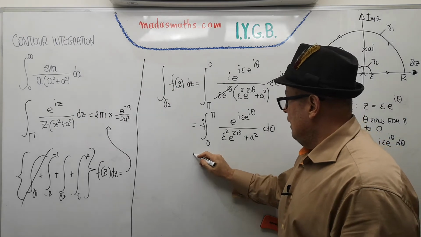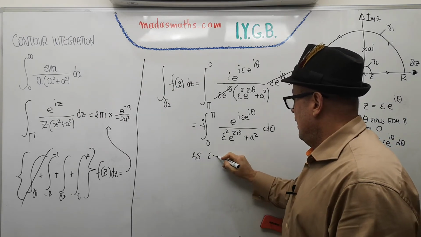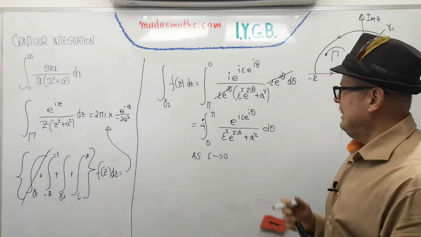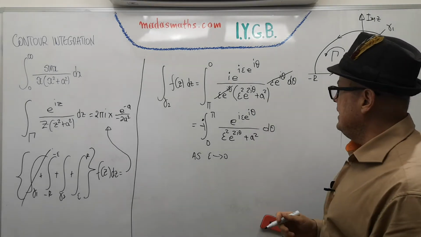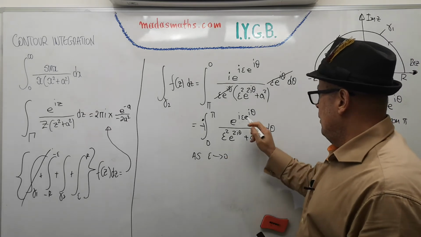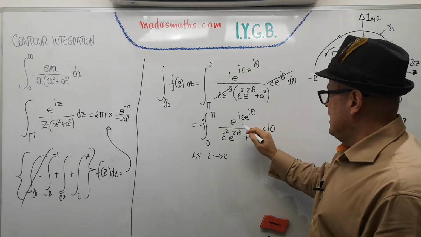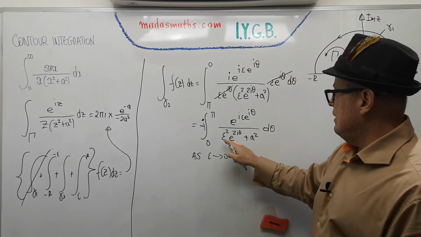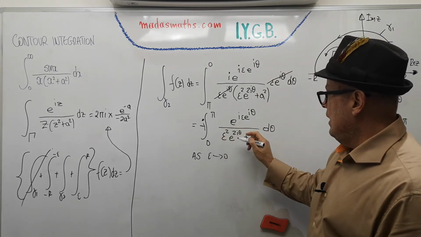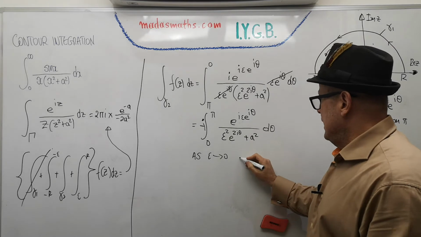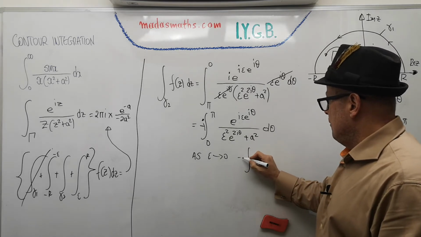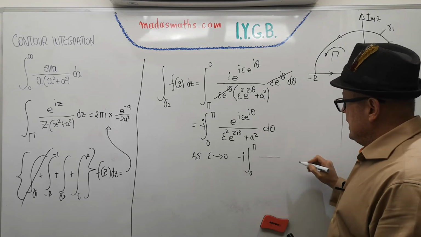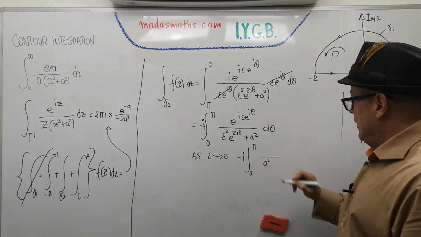So in the limiting case, as epsilon goes to 0, so basically you can think of it as interchanging limit and integral there. We can actually see that the denominator, the dominant term, of course, is the a squared. As epsilon goes to 0, this thing here will vanish. So on the denominator, we're going to have, let's leave the minus i there, and the 0 to pi. On the denominator, we're going to have just an a squared left over.